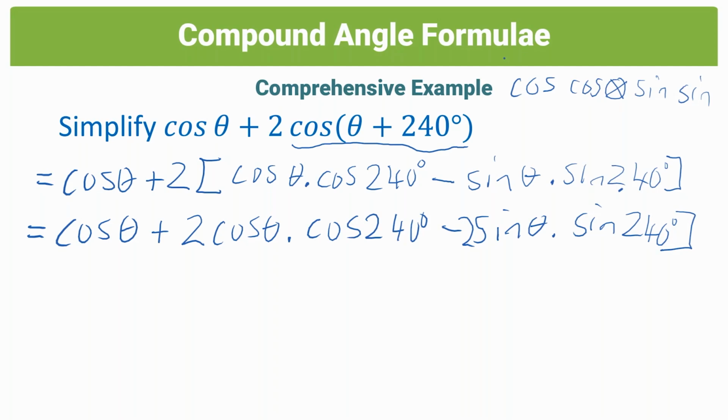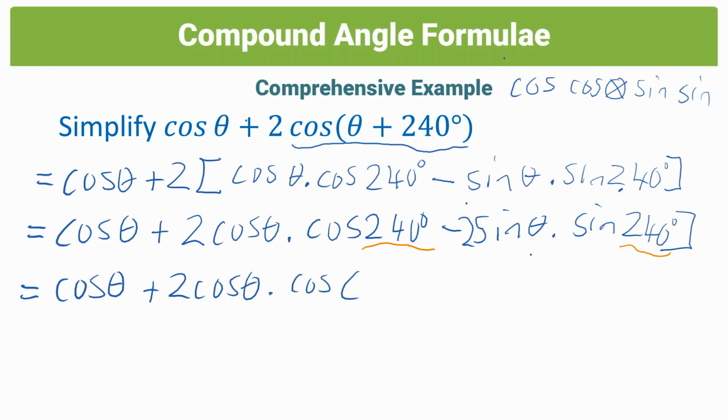Now what we can do from here is take the 240 and apply our reduction formula so we can get a numeric answer, because we know that 240 is 180 plus 60 and 60 is a special angle. So we'll go ahead and say that's equal to cos theta plus 2 cos theta times cos 180 plus 60.